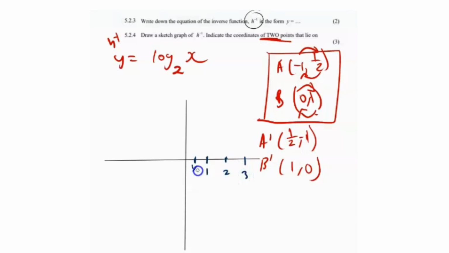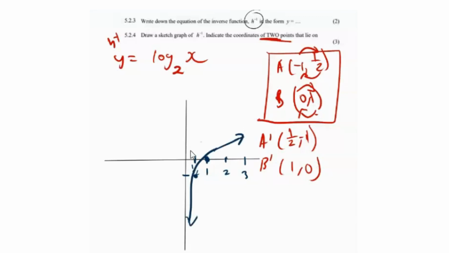So minus half will be here. So it's minus half and negative 1, let's say here, and also it's 1 and 0 here. So those are the coordinates, and now let's sketch.